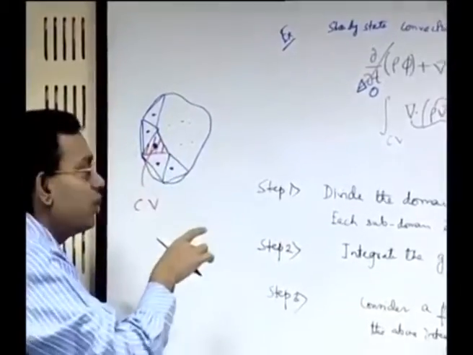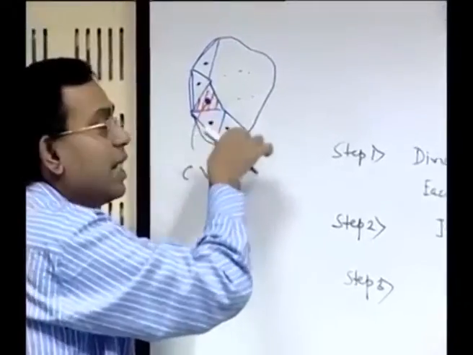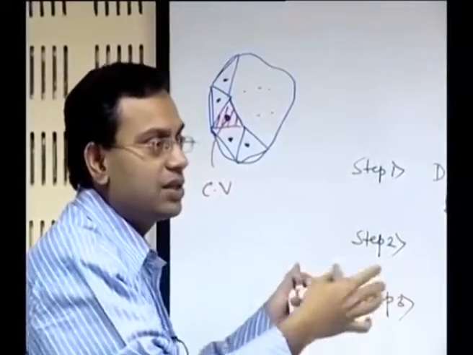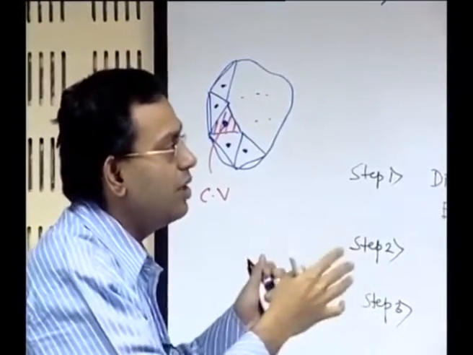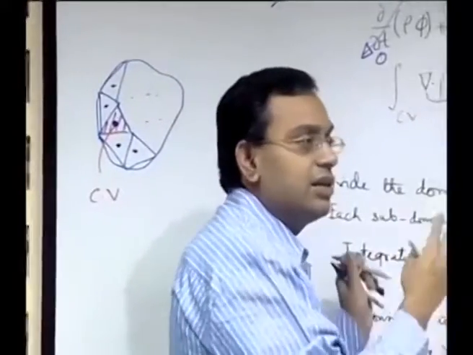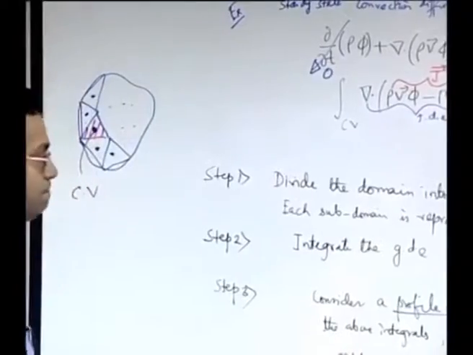For each control volume it will come up with the corresponding grid point and its neighboring grid points. We will go through illustrative examples to show how it actually takes shape, but this is first the policy or the strategy of the method that we are going to highlight.